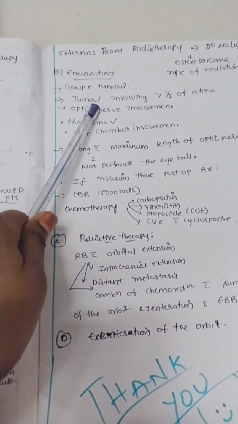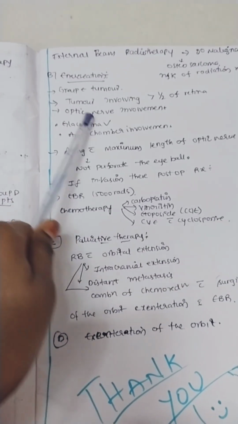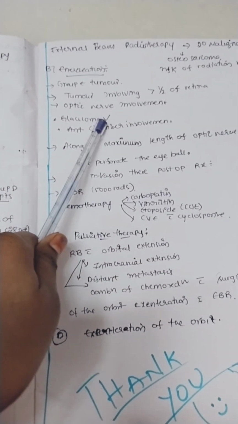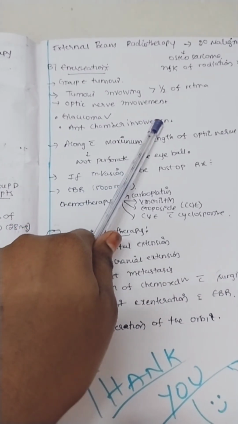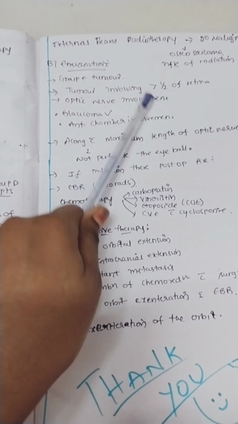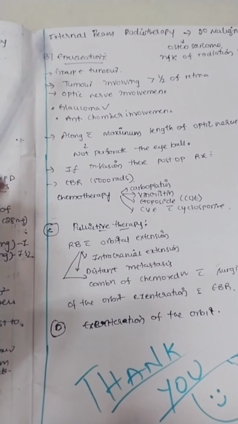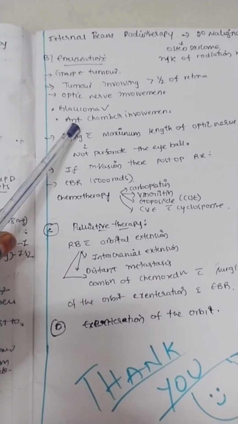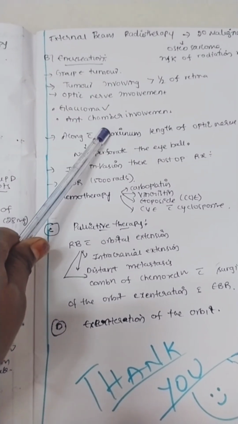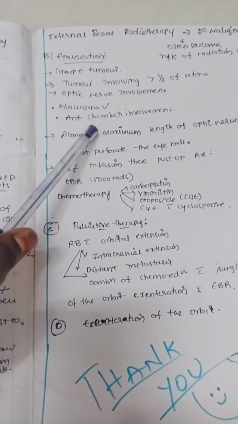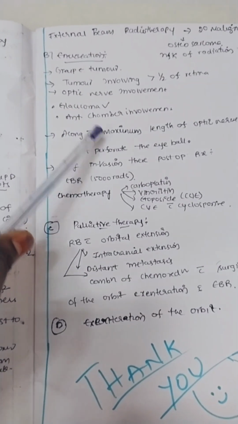Enucleation we will do for group E tumor, will remove all the stuff. Tumor involving greater than half of the retina, optic nerve involvement if there, we will do enucleation in these conditions. Glaucoma if there, anterior chamber involvement if it is there, we will remove.